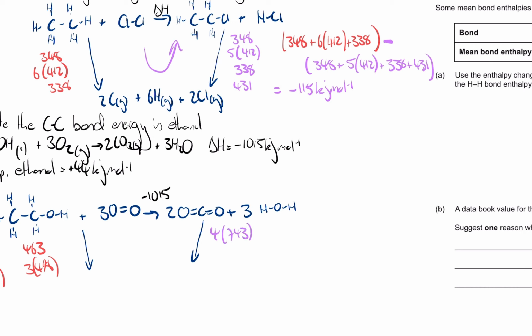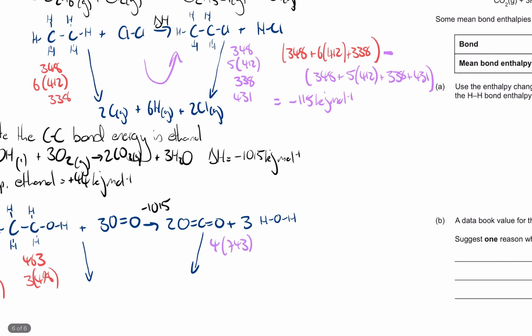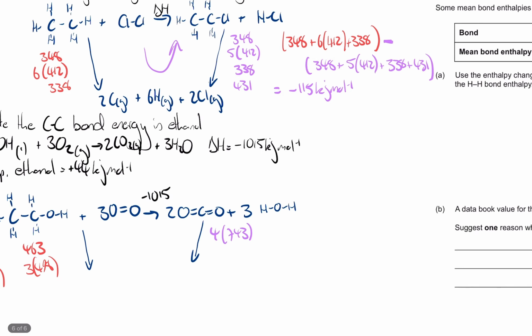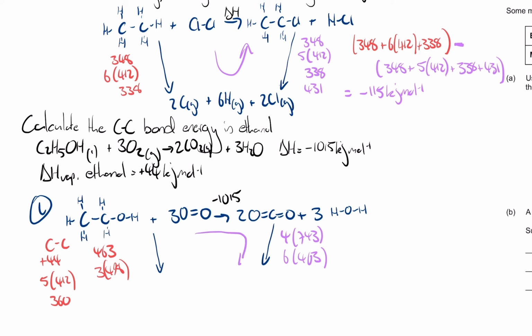And we've got 2 lots of OH times by 3, so 6 lots of OH, 463. Okay, now, again, we're trying to work out this as a total, right? So we are going like so.